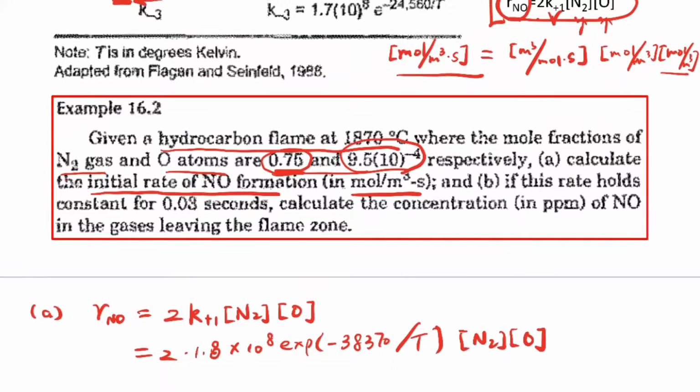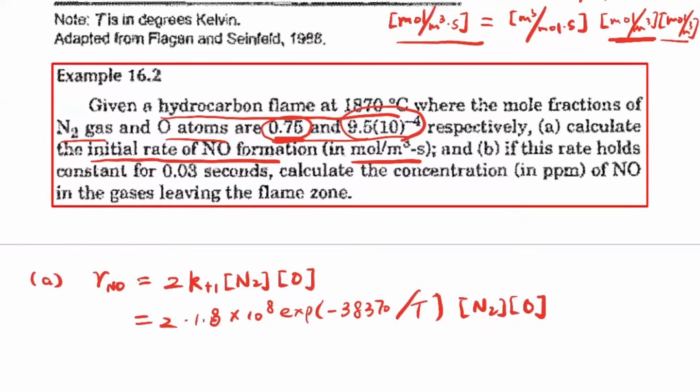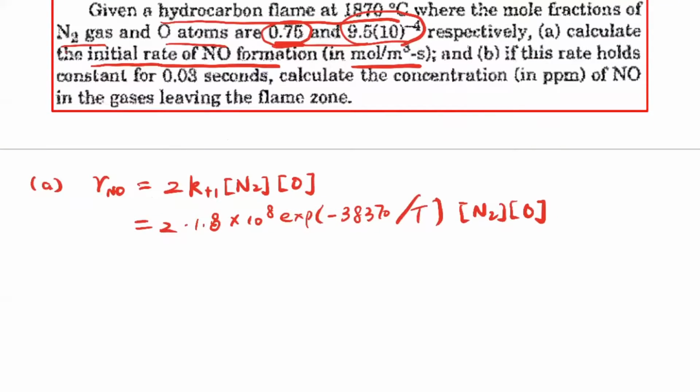So here we show that we have to plug in the absolute concentration, right? So now we have to go back to the unit conversion that we learned at the beginning of this class.